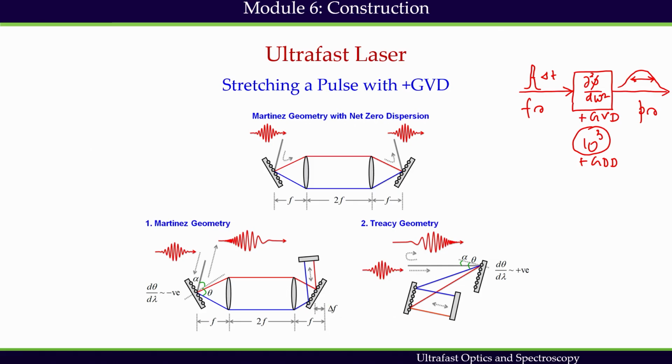A grating pair provides necessary high dispersion that is required to stretch a pulse by a factor of 10 to the power 3 to 10 to the power 4. We shall come back to this. So, here we have shown two different arrangements, Martinez geometry and Treacy's geometry. These two geometries use grating pairs to introduce the chirp or broaden the pulse, but we will discuss this shortly.